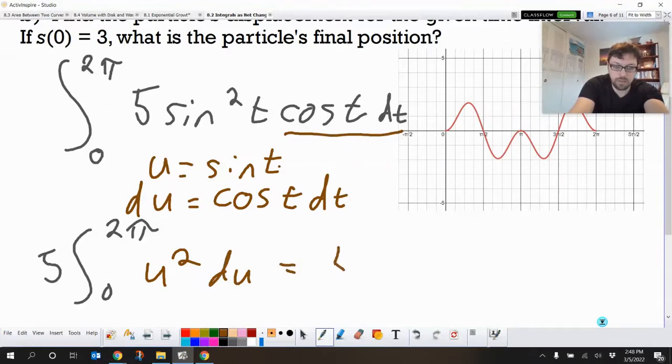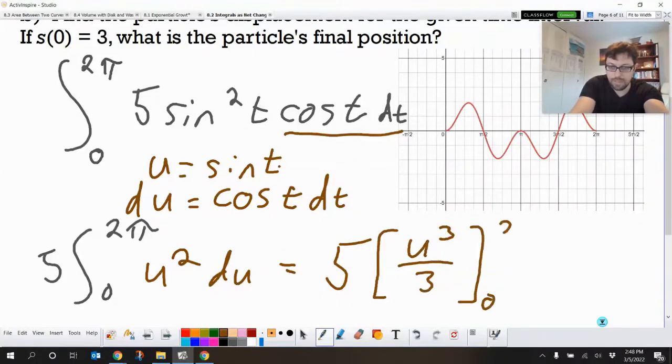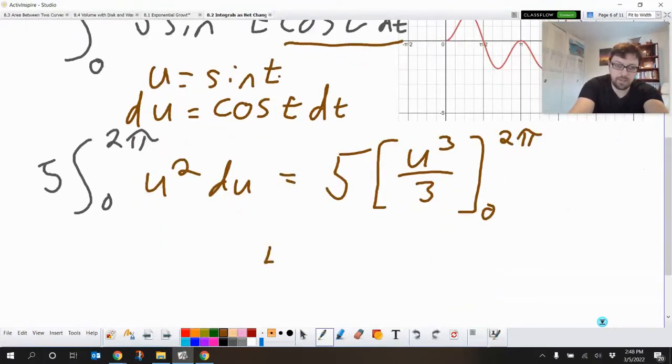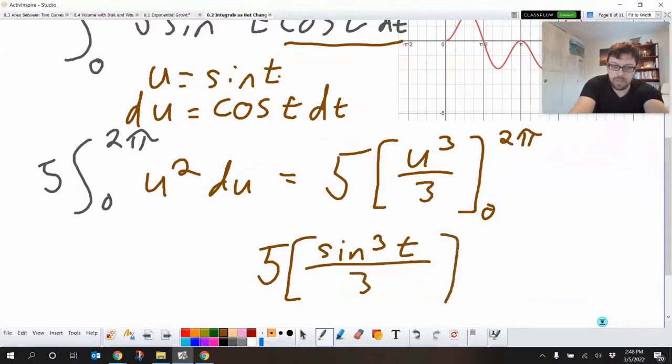So this integral is going to be 5 times u cubed over 3, going from 0 to 2 pi. Bring back my sine, so we get 5 times sine cubed t over 3, going from 0 to 2 pi.